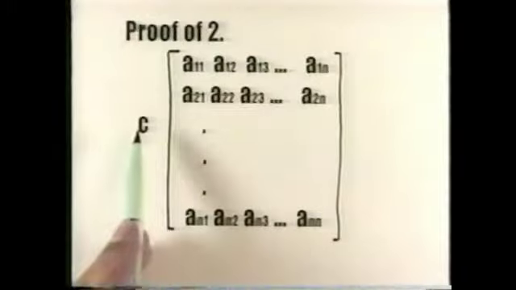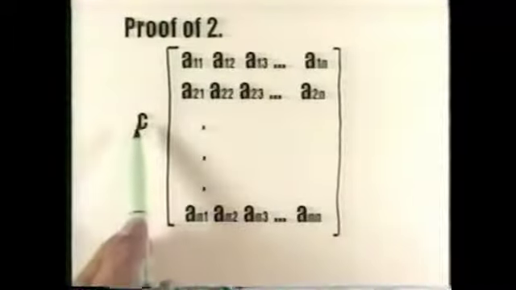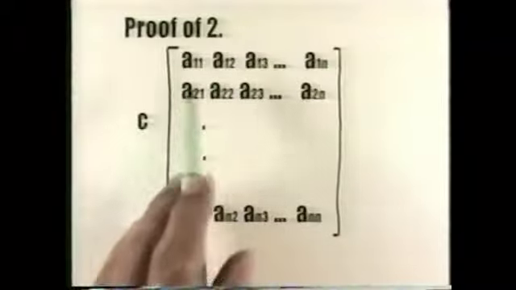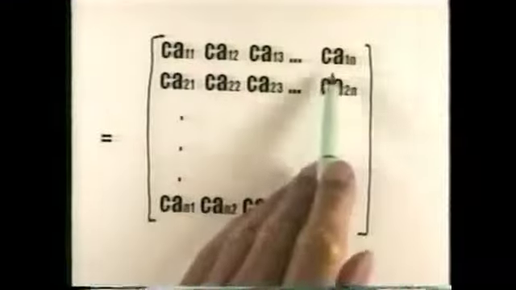So I have CA. For the matrix, we multiply C by every element. So if I multiply C by every element, I get CA11, CA12, CA13, CA1n, and so forth.